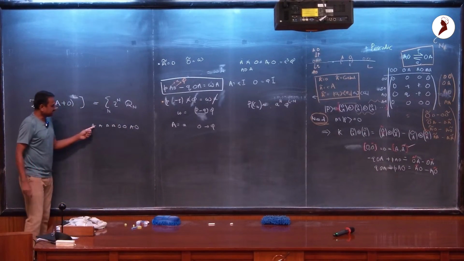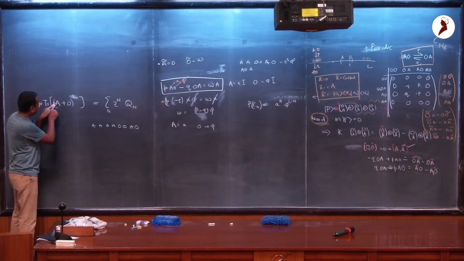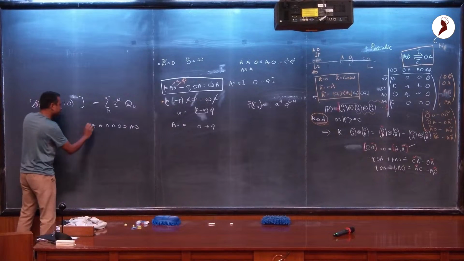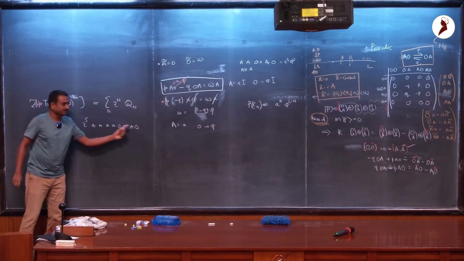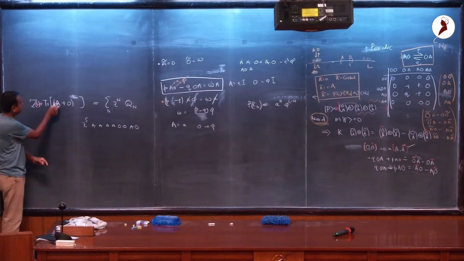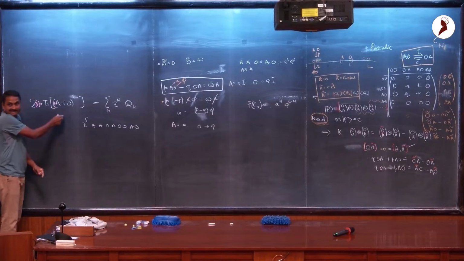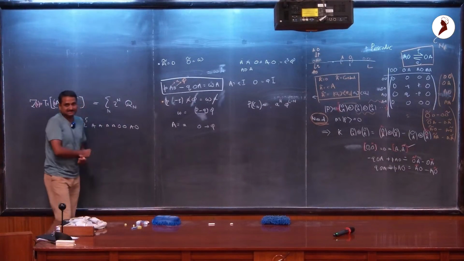How many A's are there? 1, 2, 3, 4, 5. But instead of A, I am writing ZA. So this one will bring me Z to the power 5, because wherever there is an A, it will now be ZA.